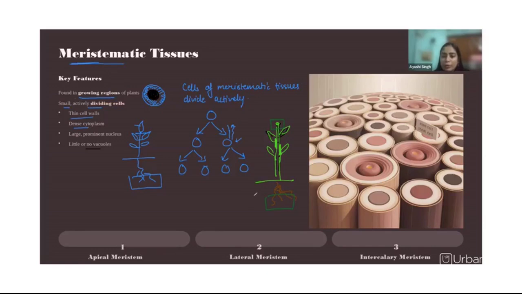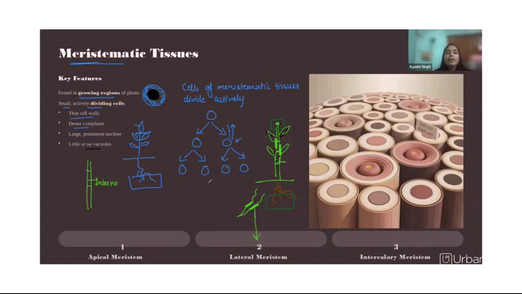If you zoom into the root, so if the root looks like this, on the sides of it would be lateral meristem. Okay, and intercalary meristem would be, you might have seen nodes on a stem like this. So at the nodes and also in between the nodes. The space between two nodes would be the internode.